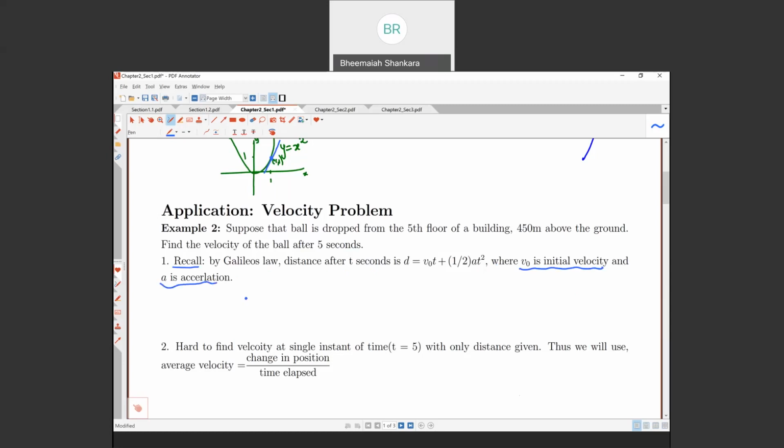So let's start by calculating the distance d, and the first plug-in will be 0, and then you have plus 1/2, acceleration is 9.8, and the time t square will be t square itself.